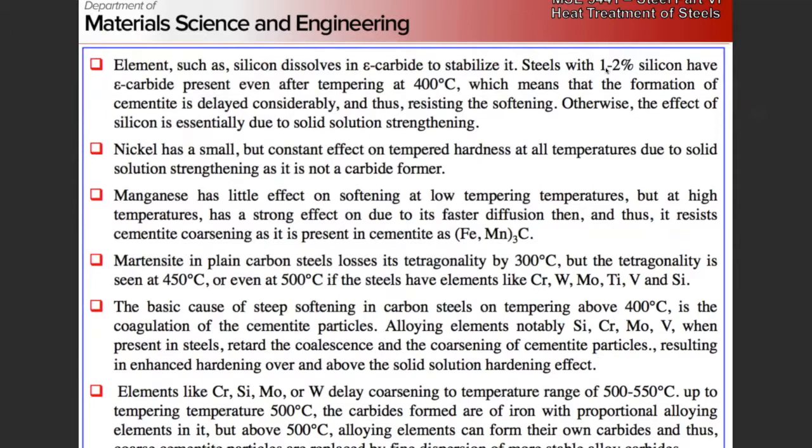So in this sense, it acts as a strengthener in the tempered state, right? It won't soften as quickly. Yes, at higher concentrations, right? So this is only when you get 1 or 2%. If you go too high in silicon, you're going to promote the formation of graphite, right?